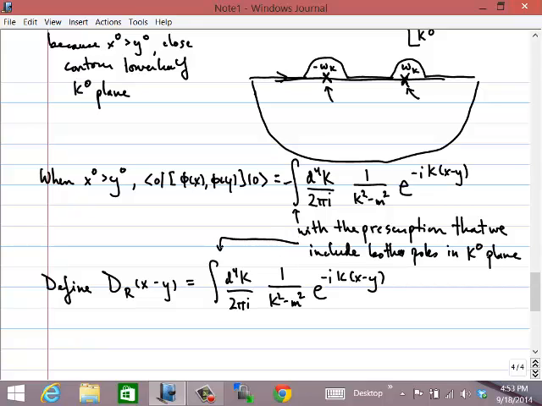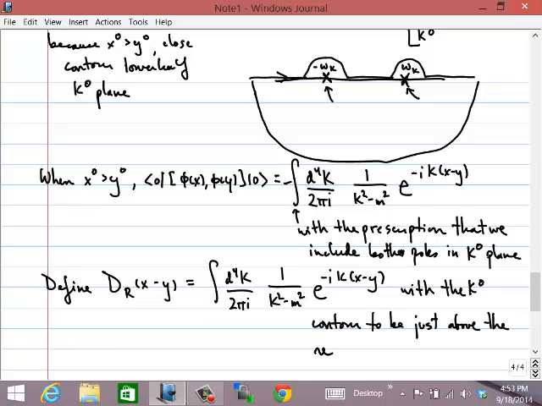Or that is to say, I choose the k0 contour to be just above the real k0 axis.